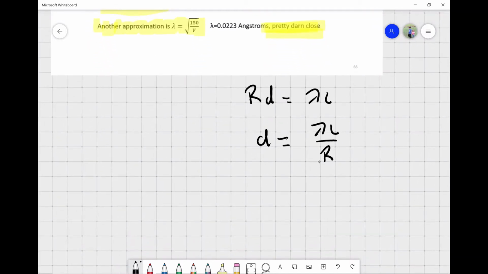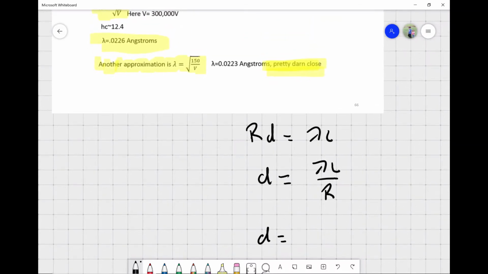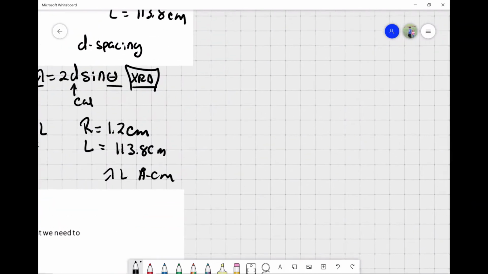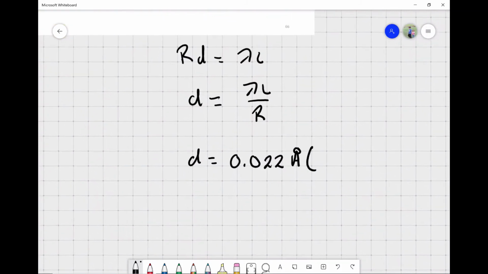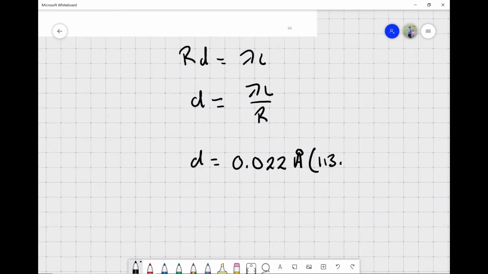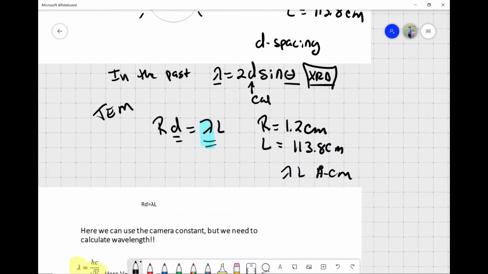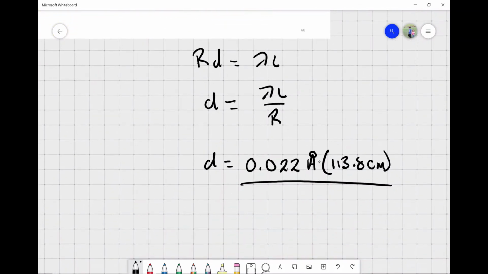So D is going to equal, I'm not going to use that last significant figure, I'm just going to reduce it to 0.022 angstroms times 113.8 centimeters, and our measured R from our diffraction pattern was 1.2 centimeters.